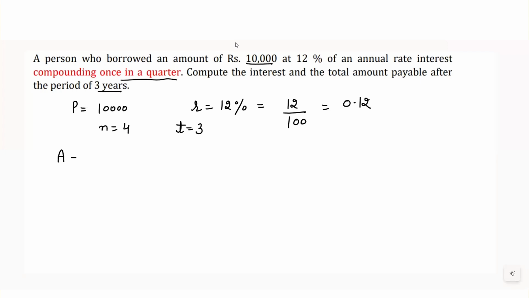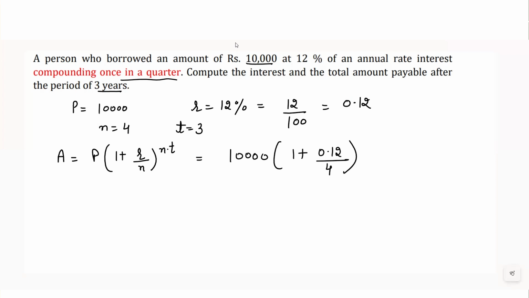So we will use the formula here. A is equal to P into (1 + R/N) raised to power N into T. We will put all the values that are given. In place of P, 10,000 into (1 + 0.12/4) raised to power 4 into 3, which is equal to 10,000 into (1 + 0.03) raised to power 12.